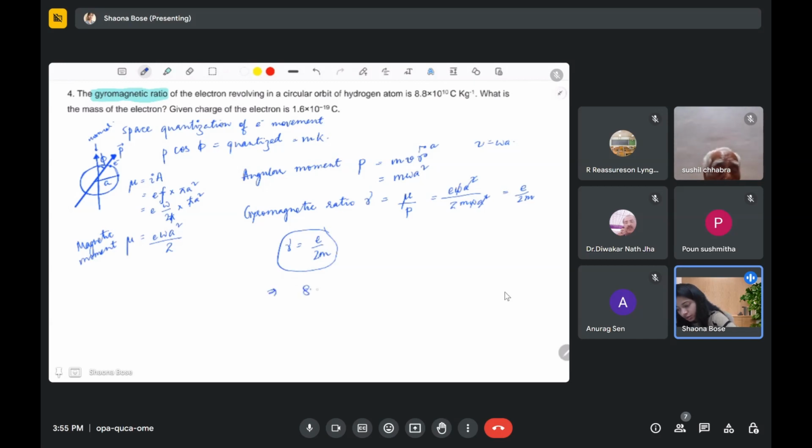I'm so sorry, we have to find the mass of the electron. The gyromagnetic ratio is already given. Why is nobody interacting? Looks like I'm solving it by myself. Okay, now you put m.